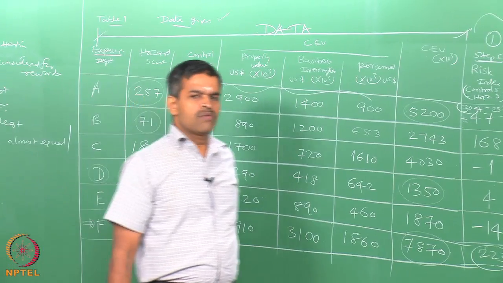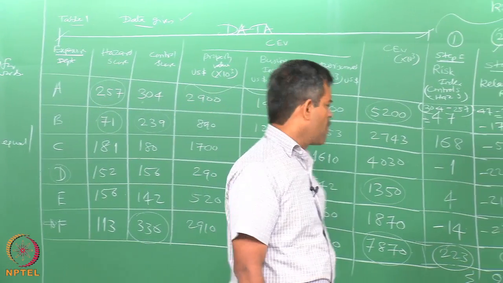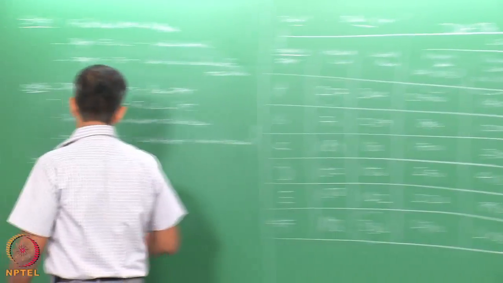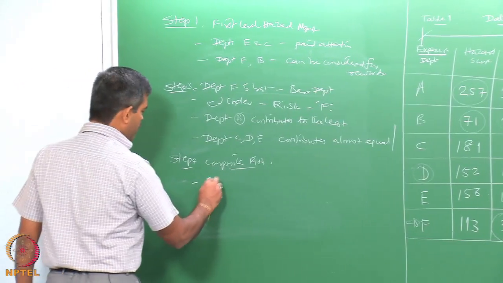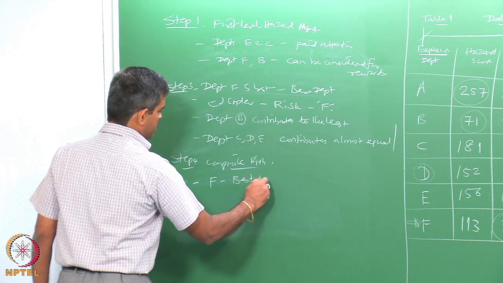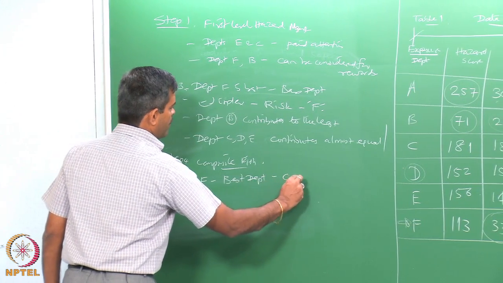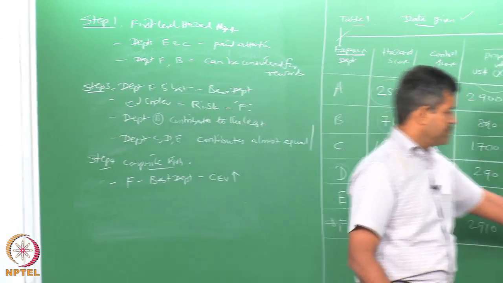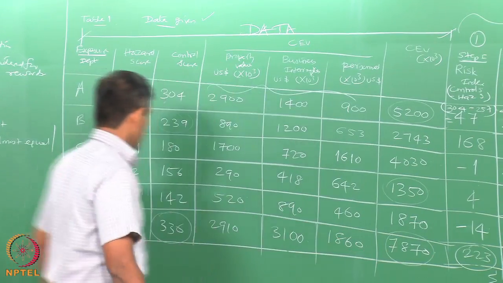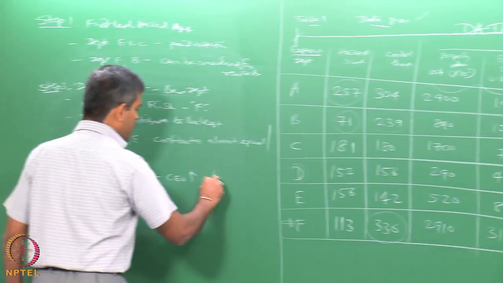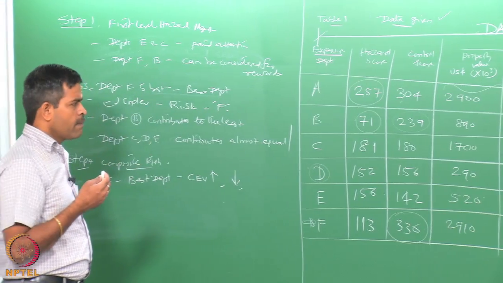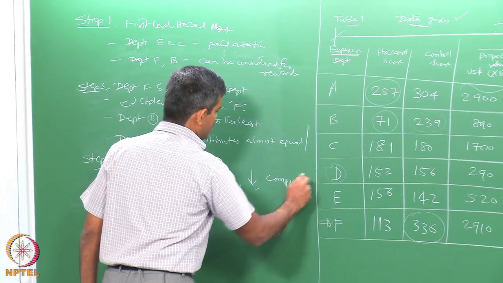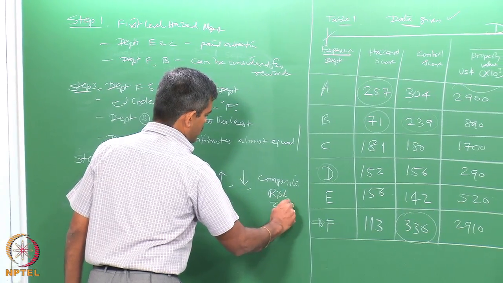Now, I have a question here to the viewers. The question is very easy here, but you have to think it over. Department F is the best department. The composite exposure value is the highest for this department. Because the department has no risk as the base department, the composite risk has become 0, is it not?